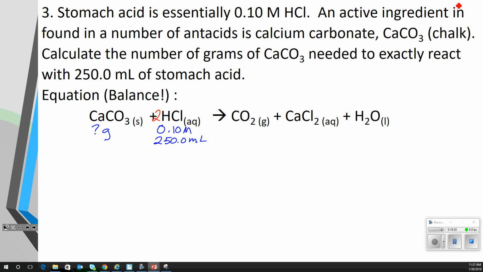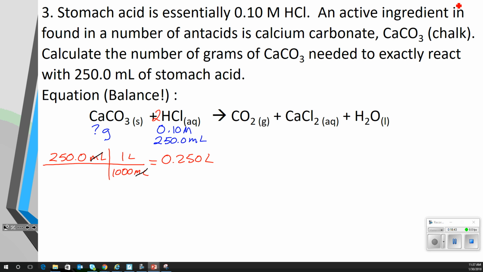Hydrochloric acid. So I'm going to have to change that 250.0 milliliters into liters. So divide it by 1,000, times it by 1 liter. Milliliters go out, and we end up with 0.250 liters. Everybody okay with that?